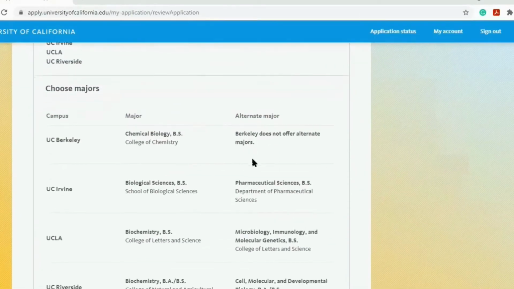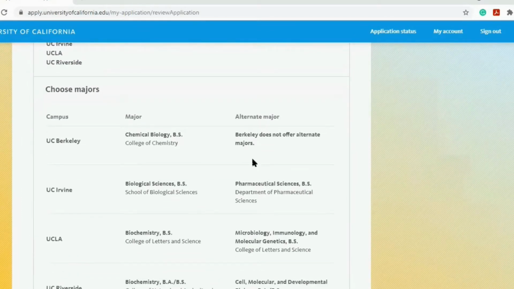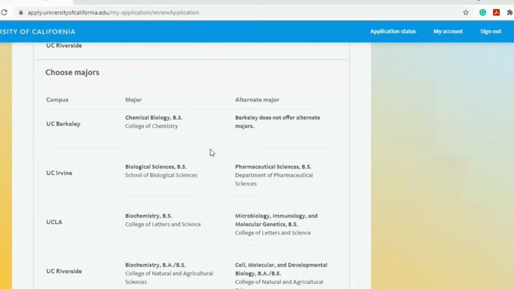First it was my personal information. Then it was the majors I chose. At UC Berkeley I chose chemical biology. I was not really interested in going to UC Berkeley, but I thought I should consider it as an option.